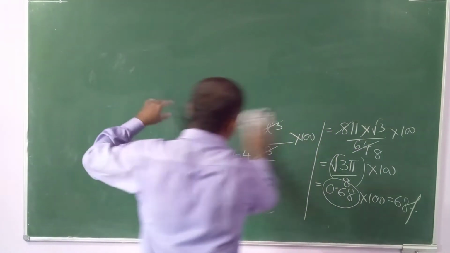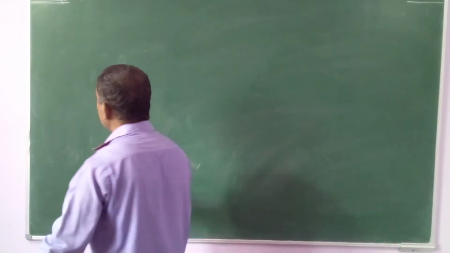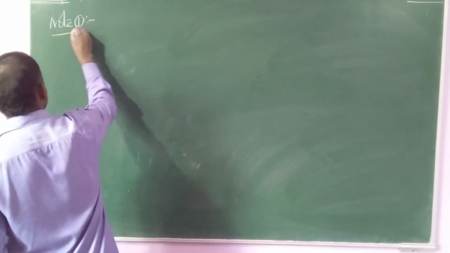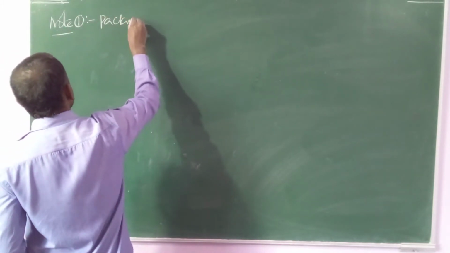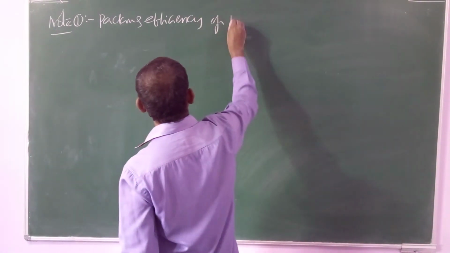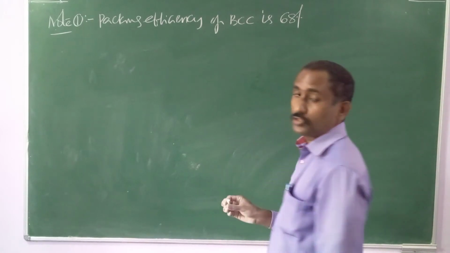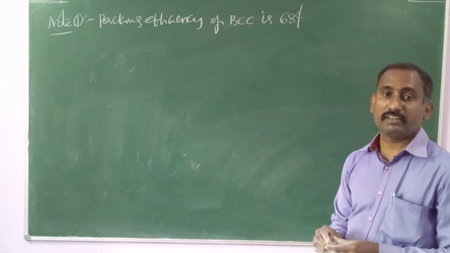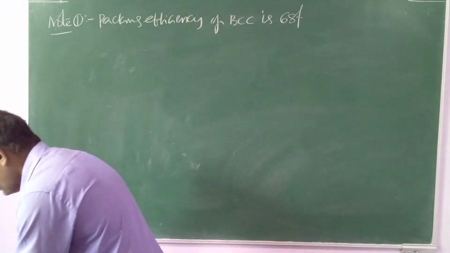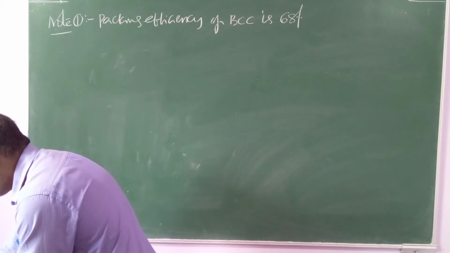Here you should remember a note. Note 1: packing efficiency of BCC is 68%. That value also you should remember, so time will be saved. Sometimes in an objective exam, they will frame questions like what is the packing efficiency of BCC, FCC. You should remember directly: FCC means 74, BCC means 68.